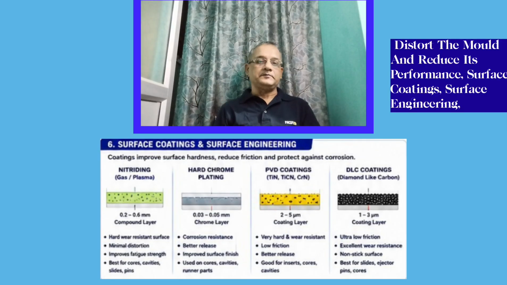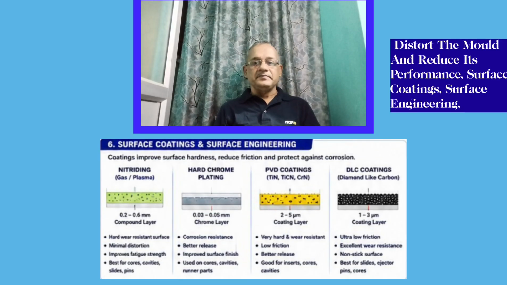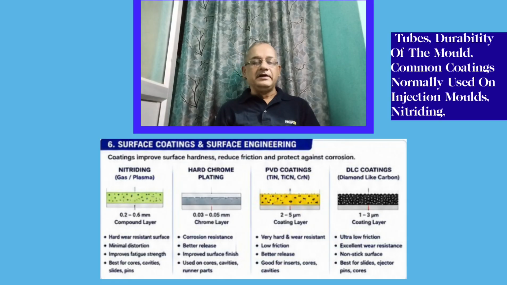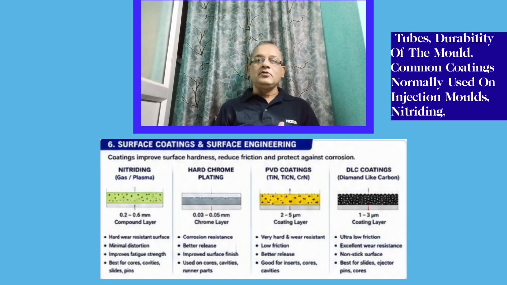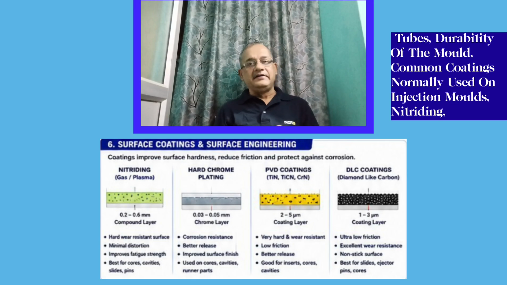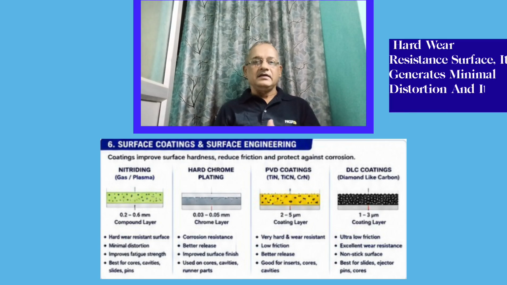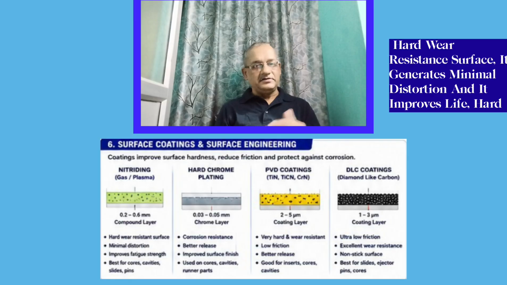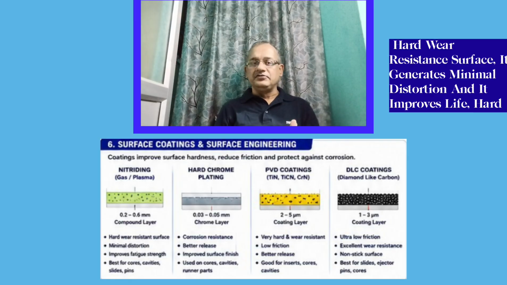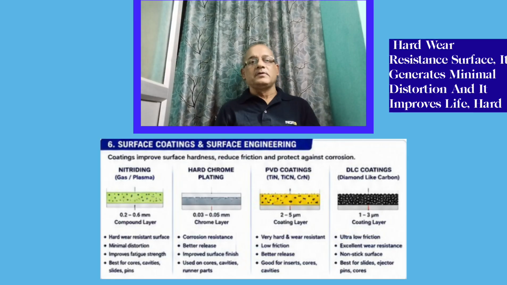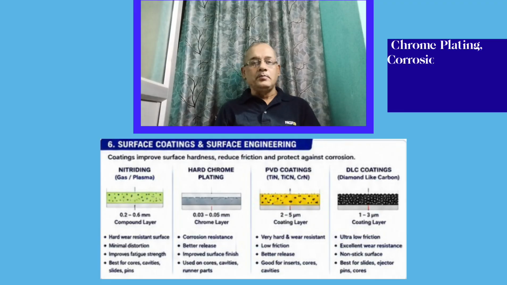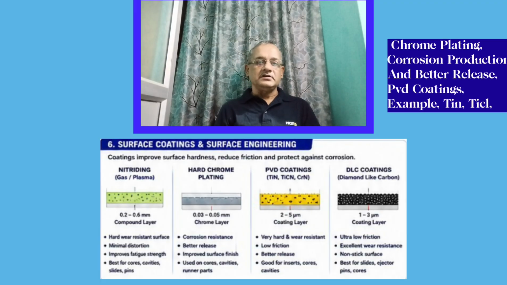Surface coatings. Surface engineering improves durability of the mold. Common coatings normally used on injection molds: nitriding, hard wear resistant surface. It generates minimal distortion and it improves life. Hard chrome plating, corrosion protection and better release.